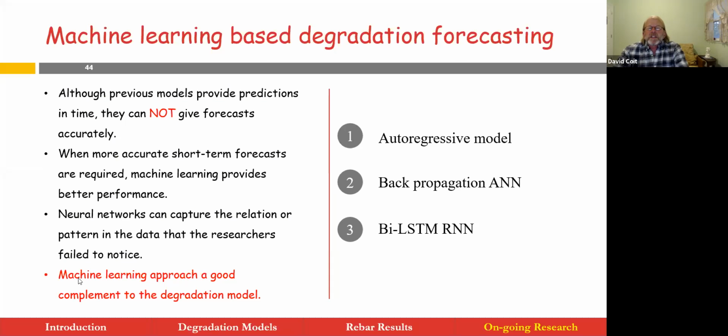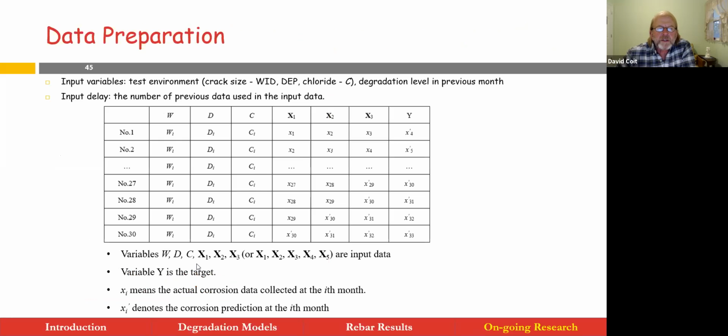So we did some machine learning. First, just traditional autoregressive models, if that's referred to as machine learning, I'm not sure. Then a backpropagation neural network, and then a more advanced long short-term memory recurrent neural network. Let me show you some of the results.